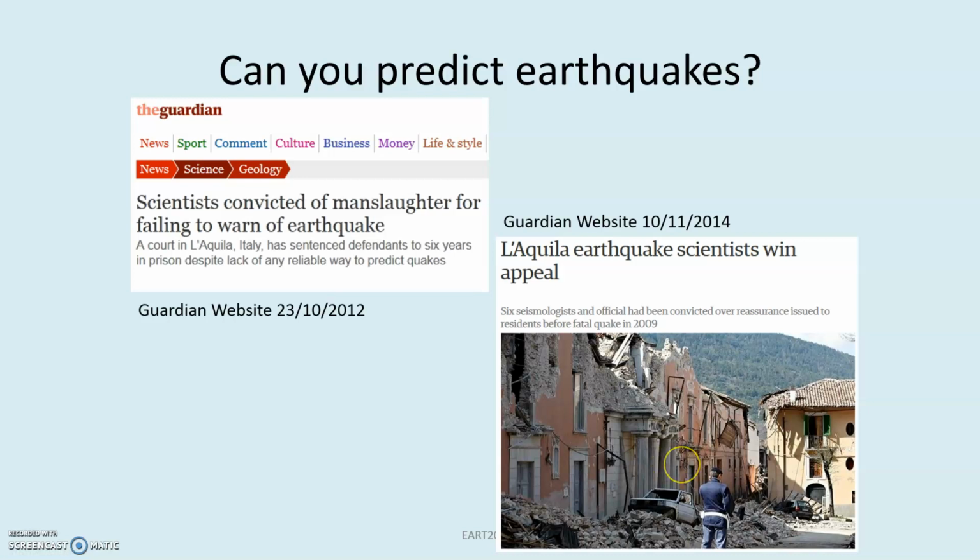But it's always a thing that seismologists and earth scientists are always aiming at, is trying to have a better prediction of earthquakes.